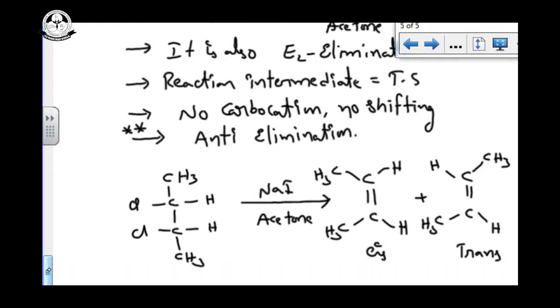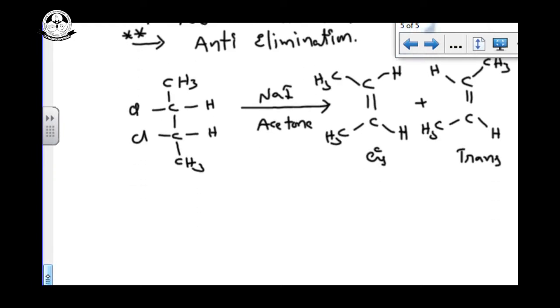Why it can undergo anti-elimination: already we know cis and trans forms, the trans form is more stable than the cis form. If you are taking the cis form also, how can it undergo anti-elimination? It means there is a shifting.